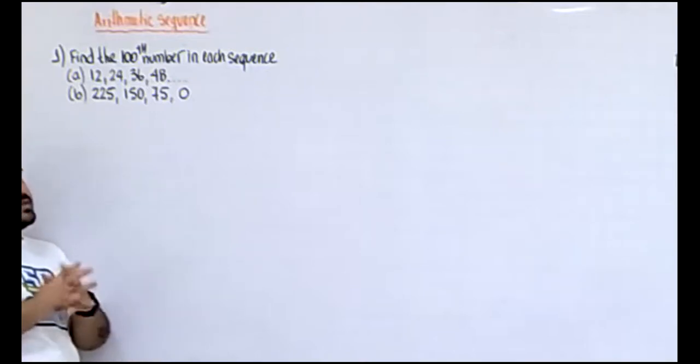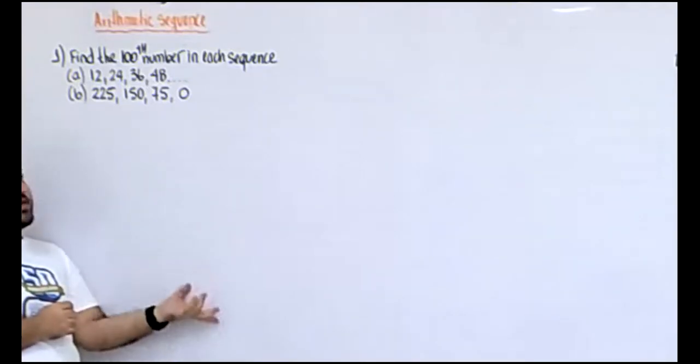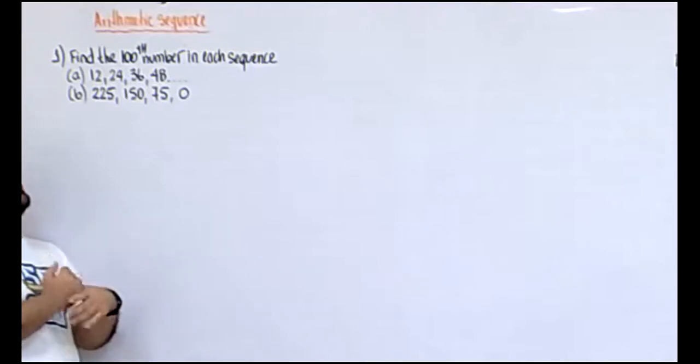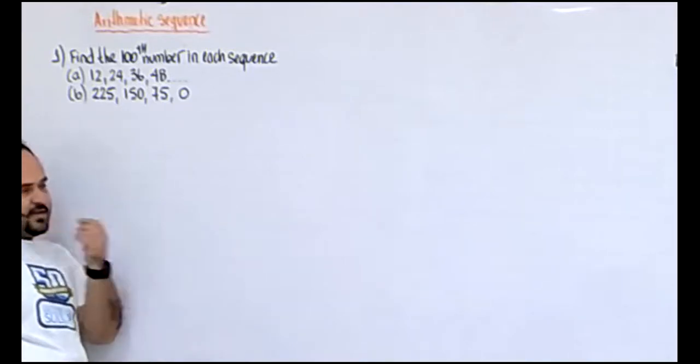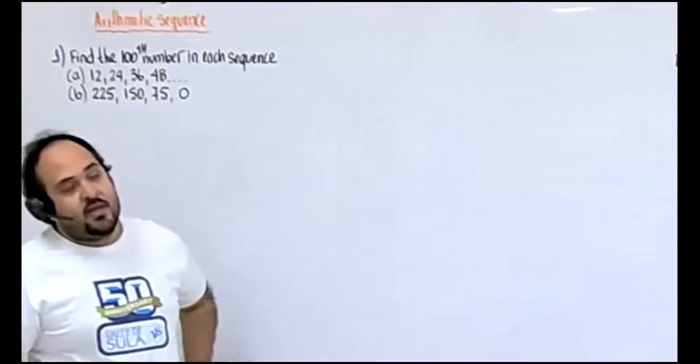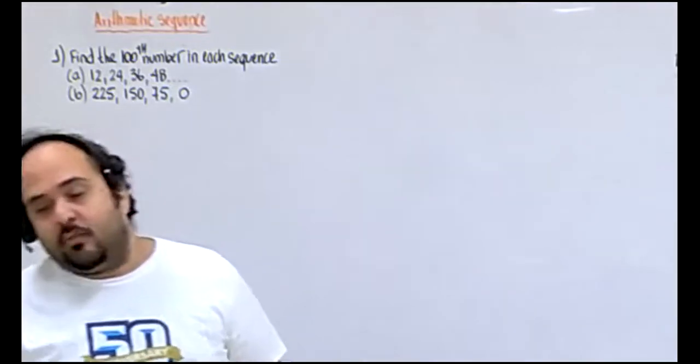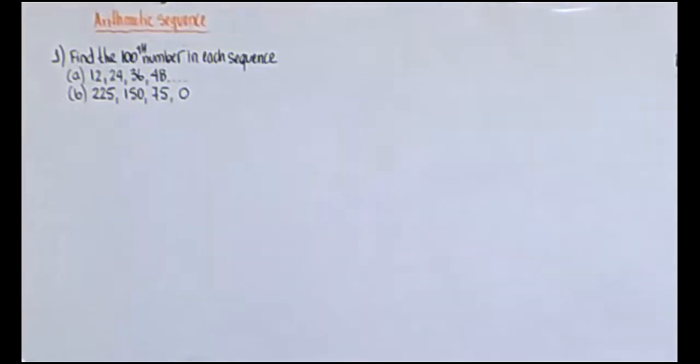After that, we're going to learn what that means in a geometric sequence. In a geometric sequence it's almost the same, but instead of addition or subtraction, we use product or division sometimes. But don't worry about it, we'll learn that later.